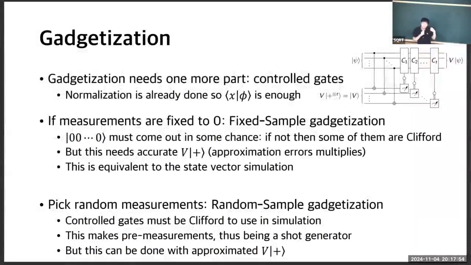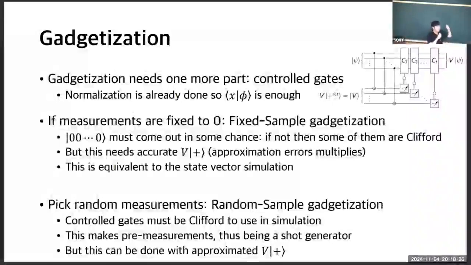So if we can find that, then we just don't have to consider C1 to CT. So we can just ignore that. And if we just apply C naught and measure, and we assume that all are measured as 0, and we just update the stabilizer simulator for those measuring results, then we can just make it V psi here.